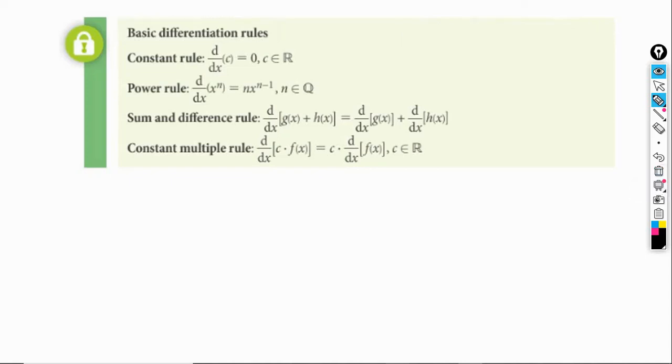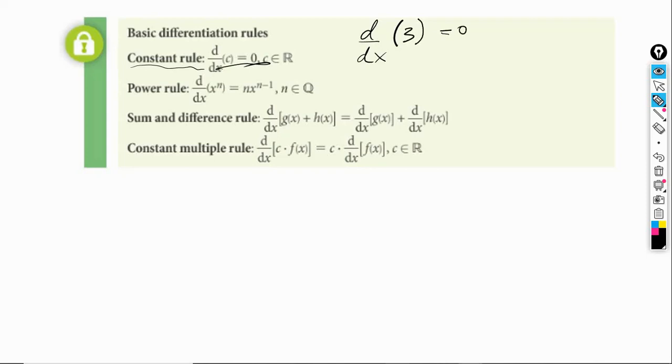So the first one is the constant rule. Now d dx just means the derivative of what's in here. The rule says that the derivative of a constant is equal to 0. Remember that a constant is just a number. So if I want to take the derivative of, say, the number 3, or any other constant, this is just going to equal 0. Now, why is that?